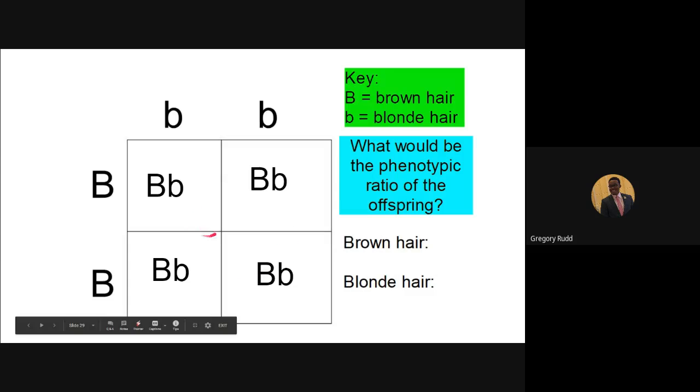All of their children will have a heterozygous genotype. But what is the phenotype of the children? How many brown-haired offspring will I have? How many brown-haired offspring do I get from this cross?